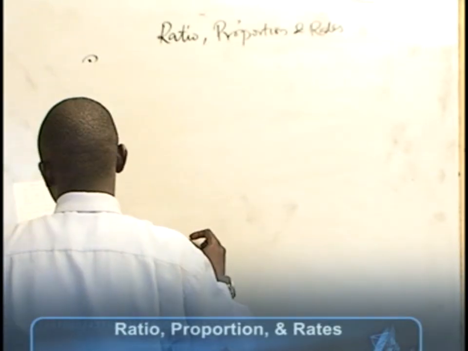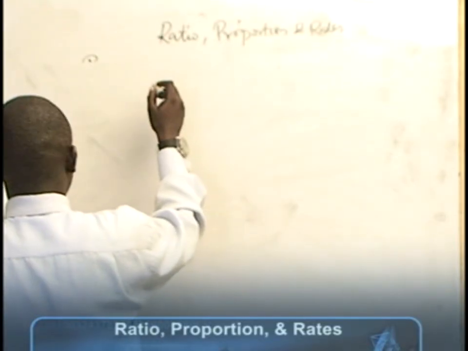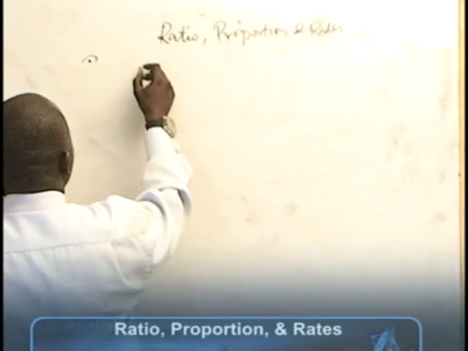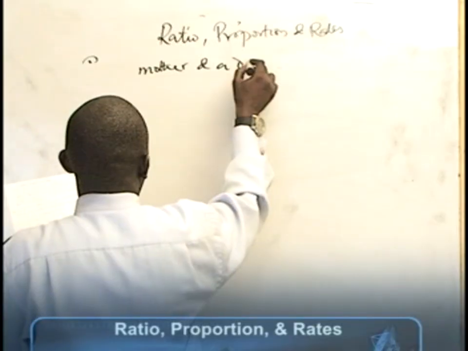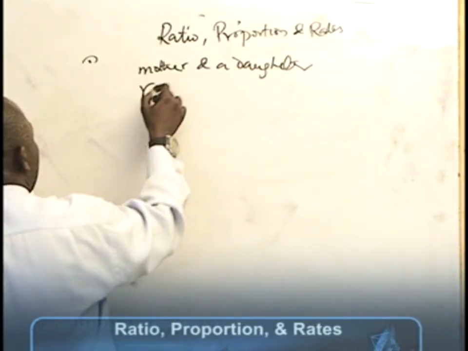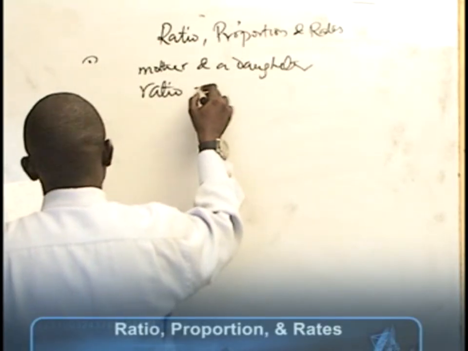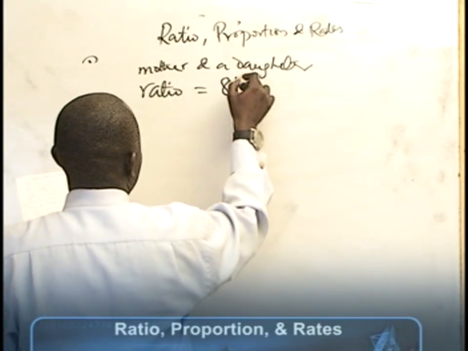All right, the third example. The ages of a mother and a daughter are in the ratio 8 to 3.